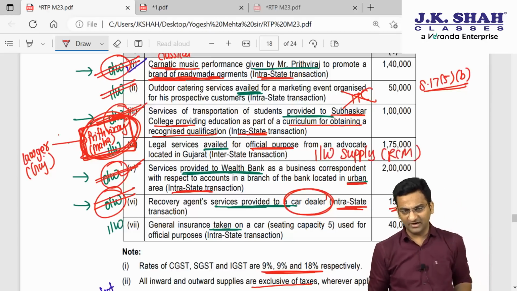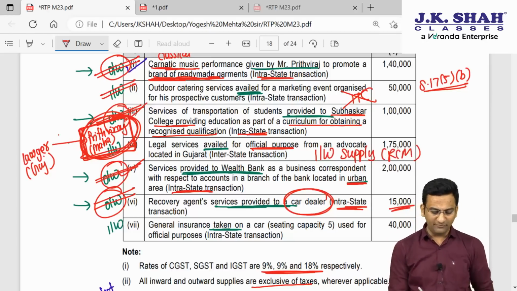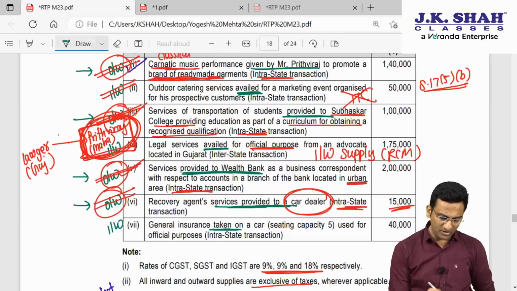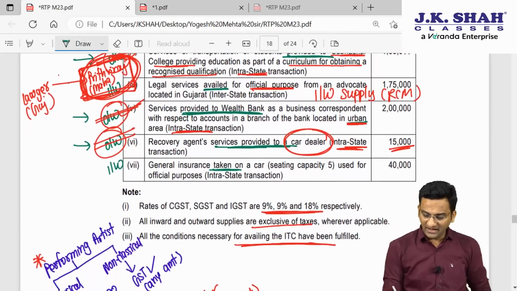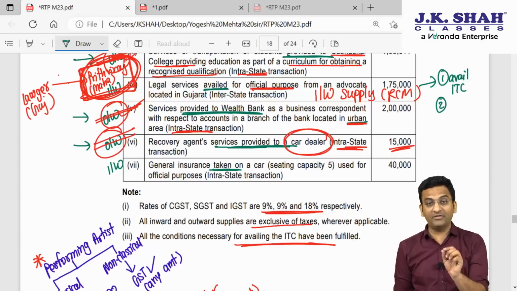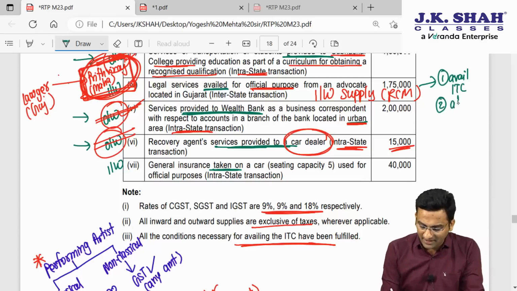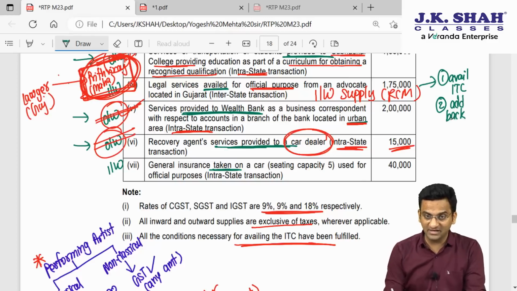My question to all of you is friends, what we have to do if the inward supply is covered under RCM? Then in that case friends, first we'll avail the ITC, and at the end whatever net GST comes, we will add it back because it has to be paid through the e-cash ledger.